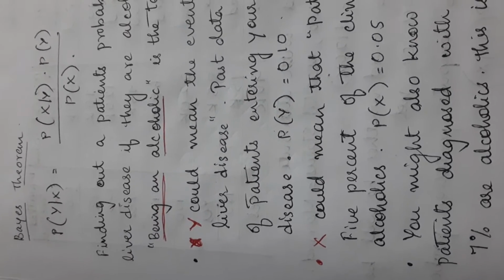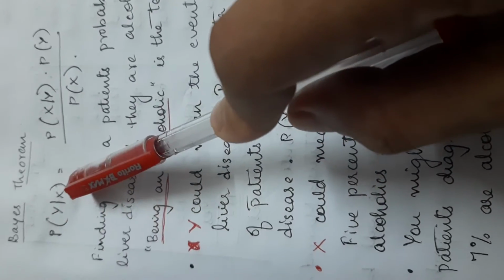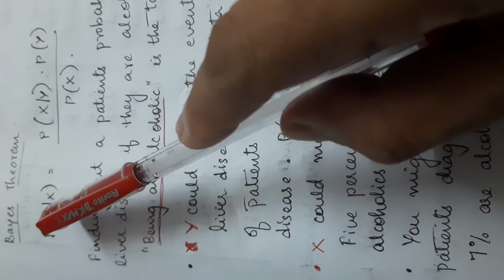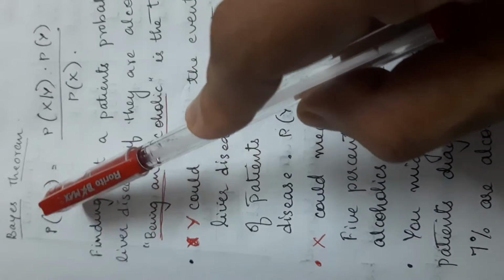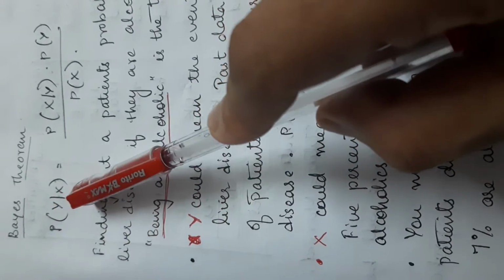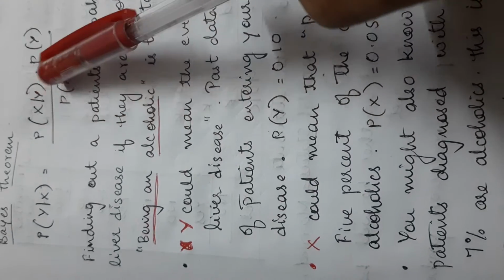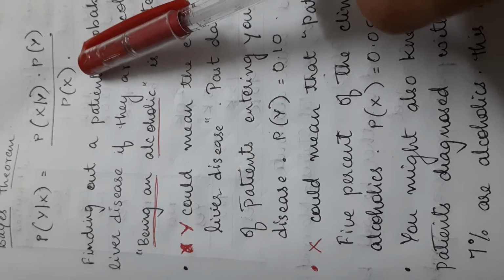Now here what I am trying to determine, we write Bayes theorem in this format. This is probability of y when I know x. That means probability it has rained when I see a wet floor. So x is a wet floor and y is whether it has rained or not. So probability of y given x is equal to probability of x given y into probability of y by probability of x.